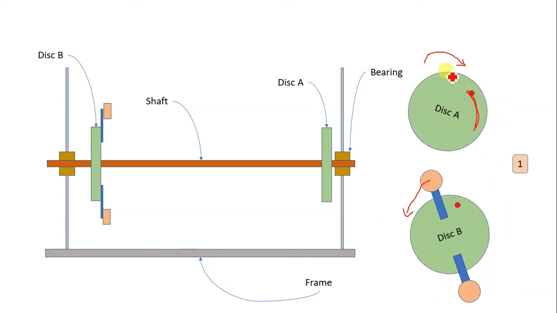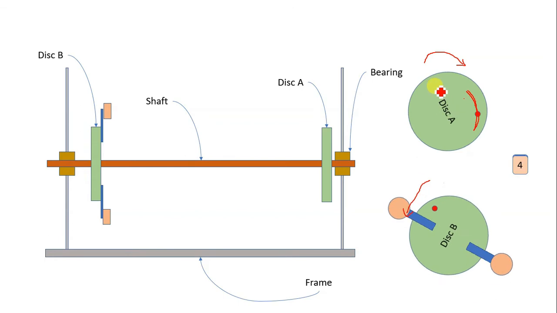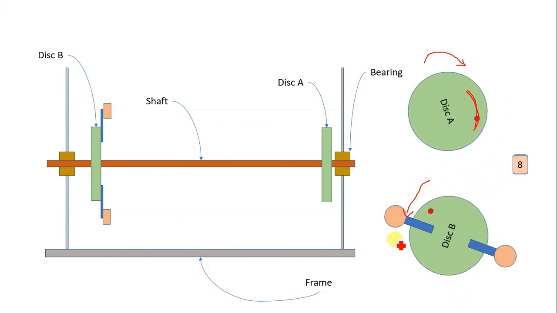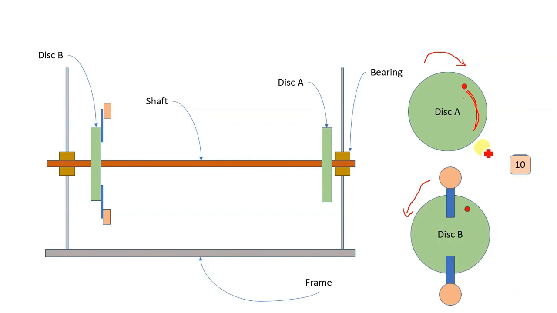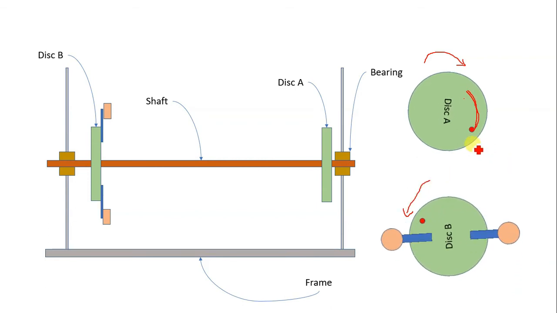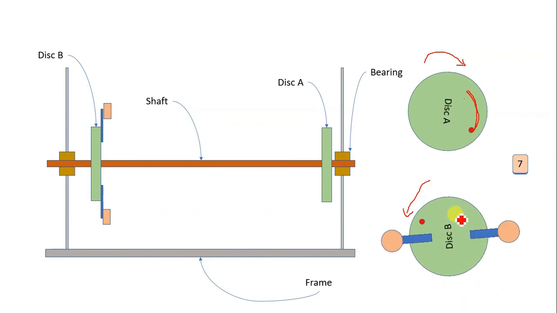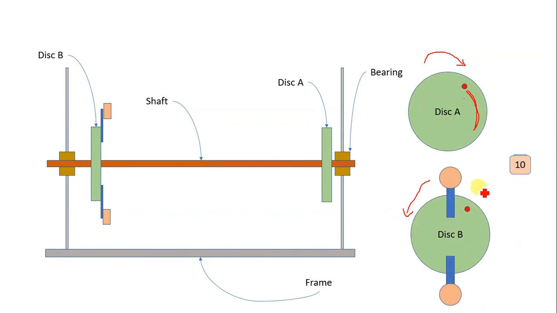If you look at the motion of the discs, they are oscillating in opposite directions. This is clockwise, this is counterclockwise. When this is clockwise, this is anti-clockwise. When this is anti-clockwise, B is clockwise. This is how for 10 oscillations you are required to record the time period.